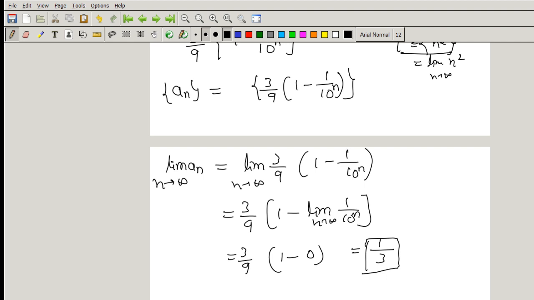1 by 3 is 0.33 something. Therefore, this limit of an is finite.